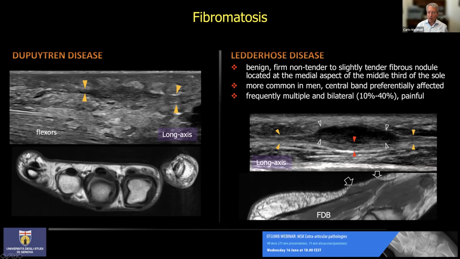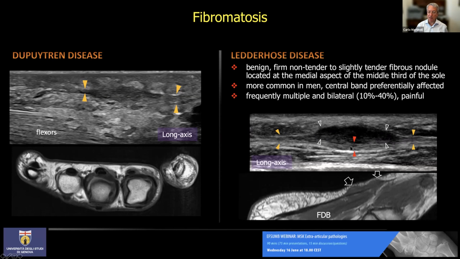Moving to the foot, the Ledderhose disease is a very similar condition. It affects the plantar fascia in a location that is more distal than the origin, the area of the plantar fasciitis, and typically it affects the superficial fibers of the fascia.